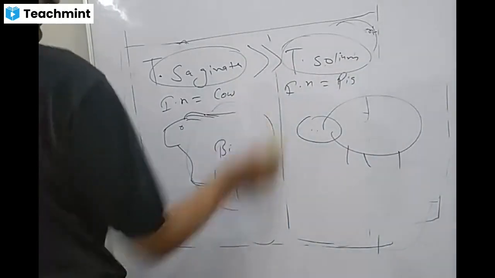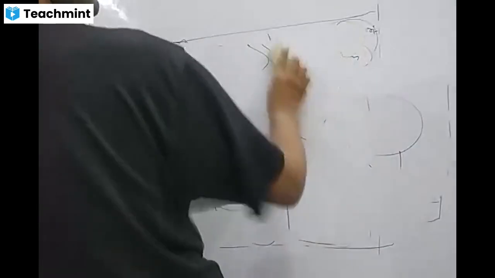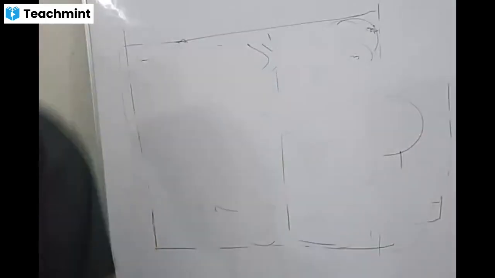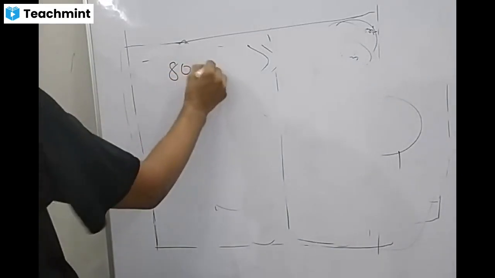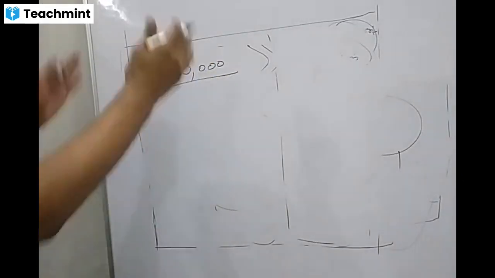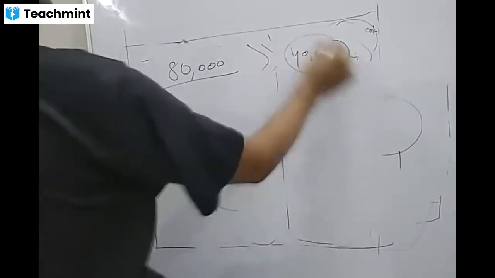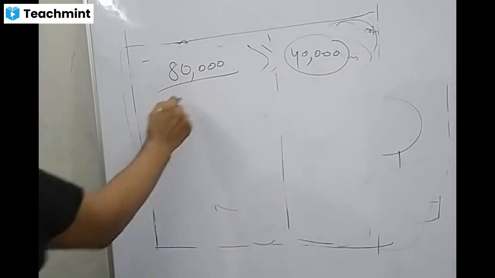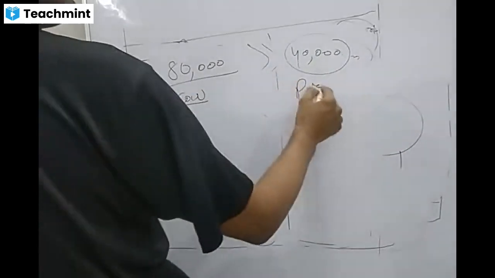Then the third difference between these two is the number of eggs, 80,000. Why? Because this is the big one. And make it half, it is 40,000. The next difference is the intermediate host: there is cow, there is pig.